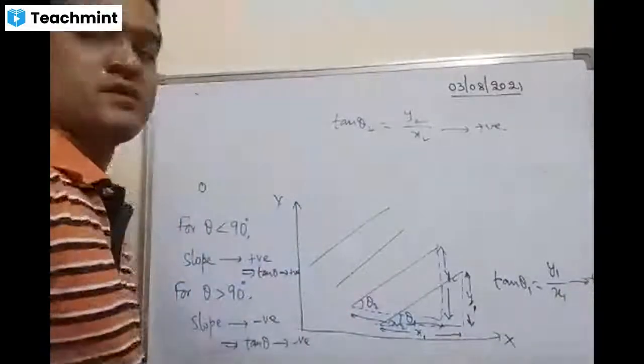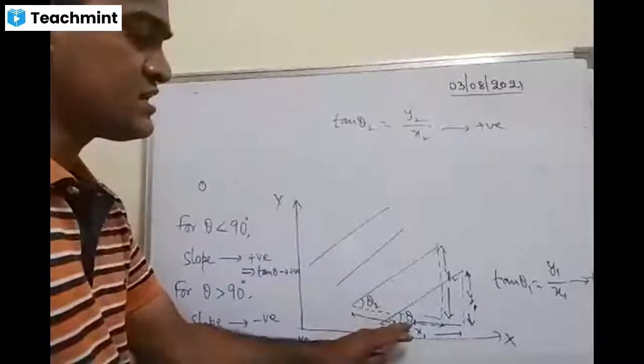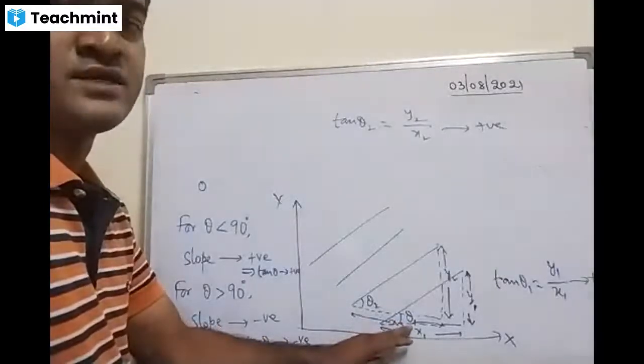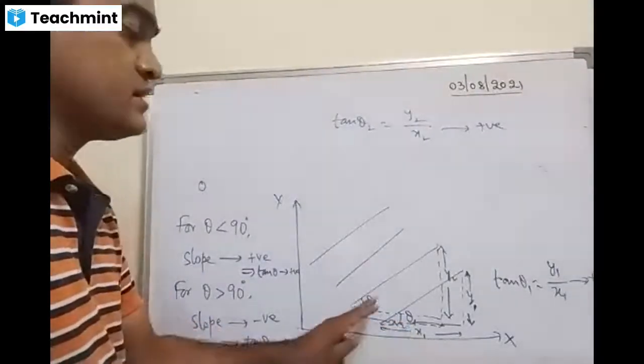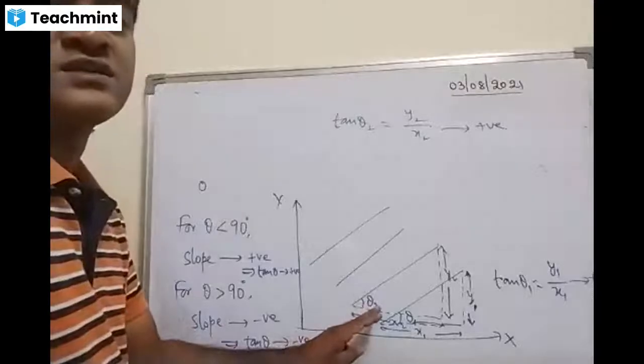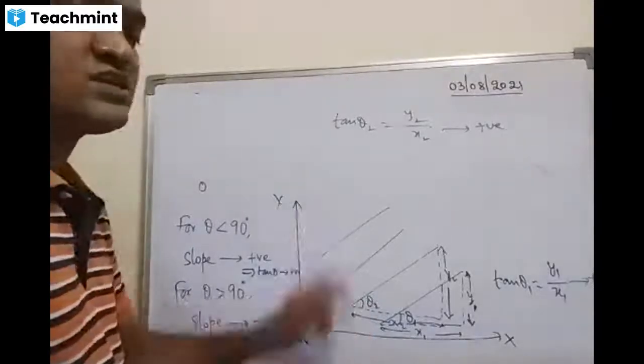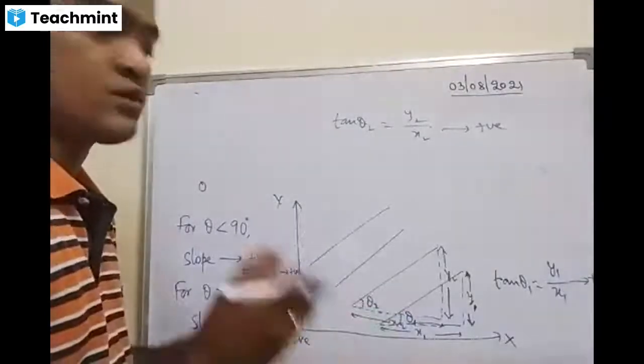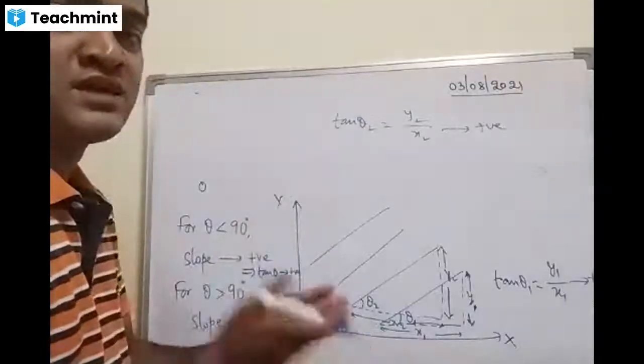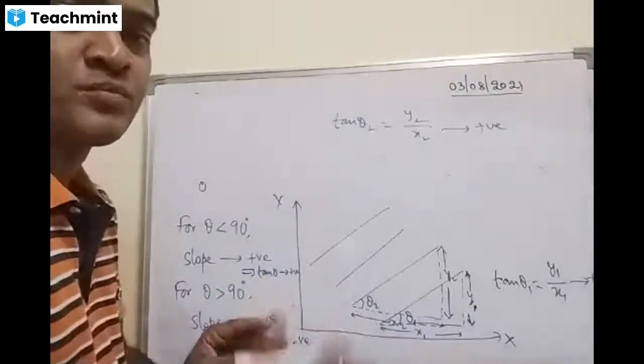And remember, is theta 1 less than 90 degrees or not? Theta 1 is less than 90 degrees. Theta 2 is also less than 90 degrees. But anyways, inclination might be different. For all thetas which are less than 90 degrees, I am getting the slope as positive.